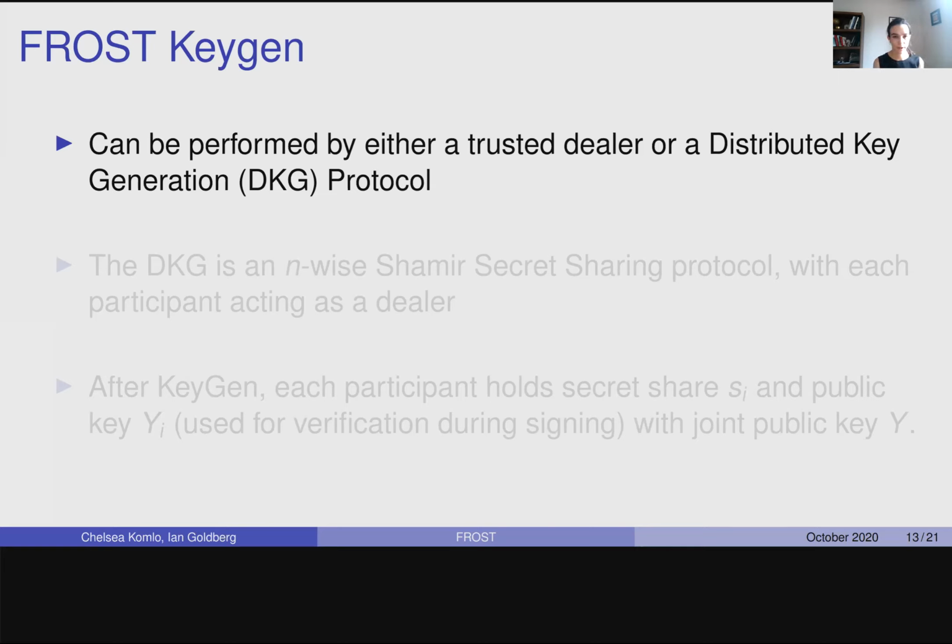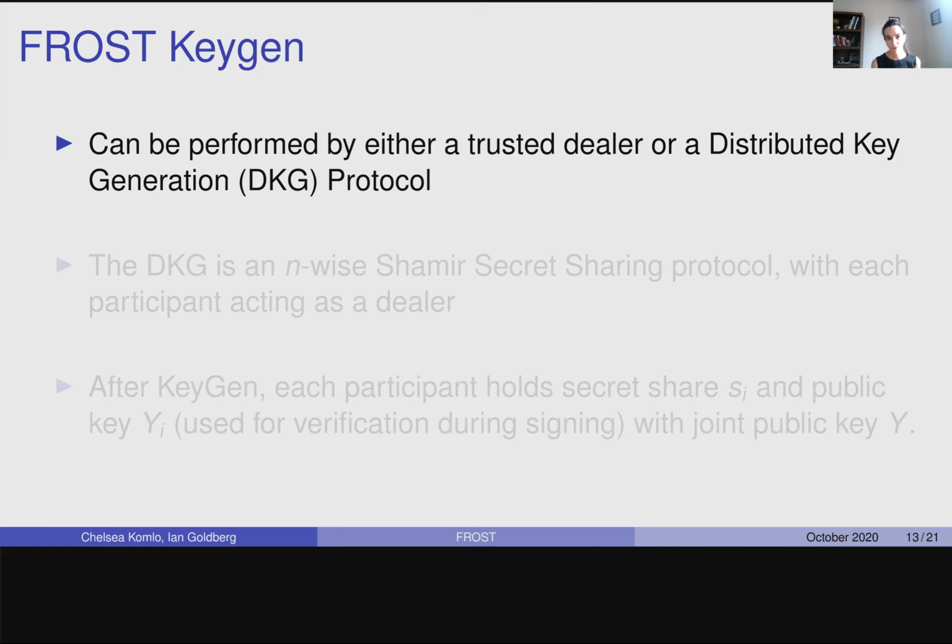So now we'll look at how to perform signing that issues signatures in exactly the same format as a single party Schnorr signature, but in a threshold setting. So as we saw, first we need to perform key generation for this signing protocol. I'm not going to go into this in too much detail. There's two ways that this can be done in Frost.